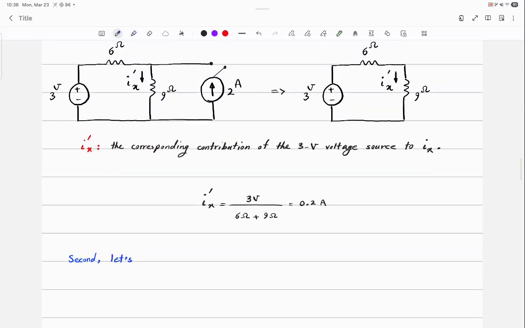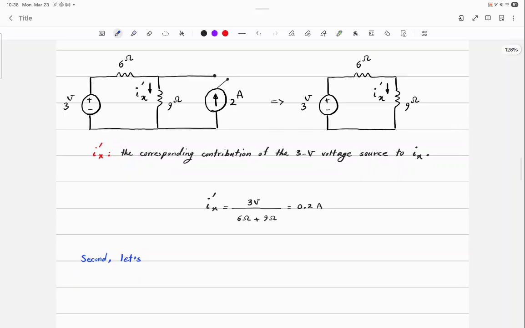The second step is to consider the current source this time.